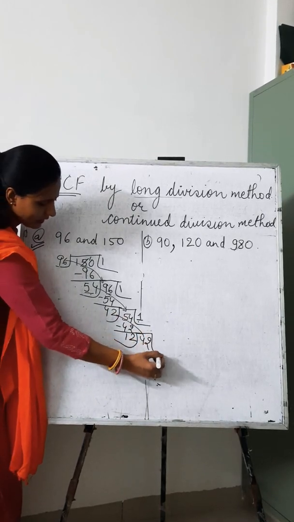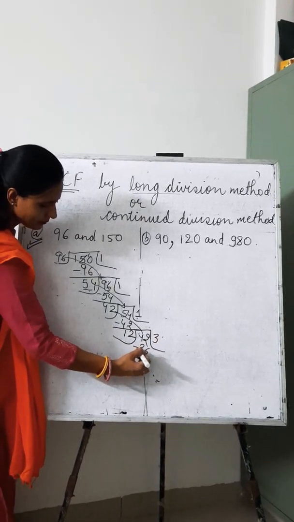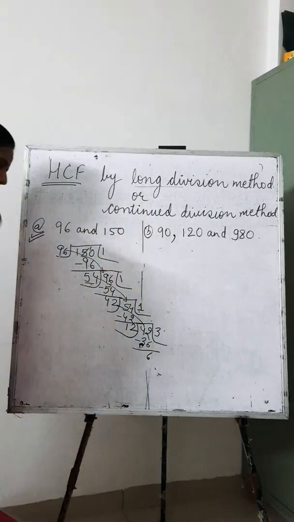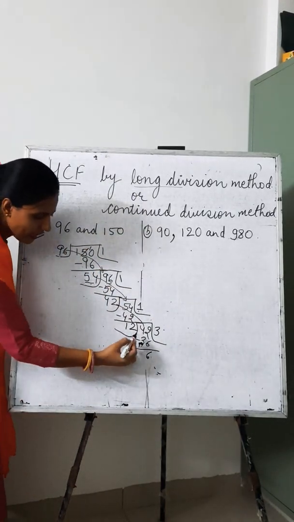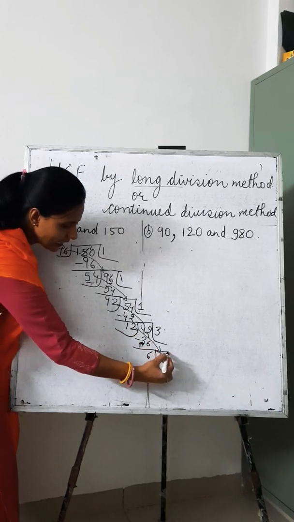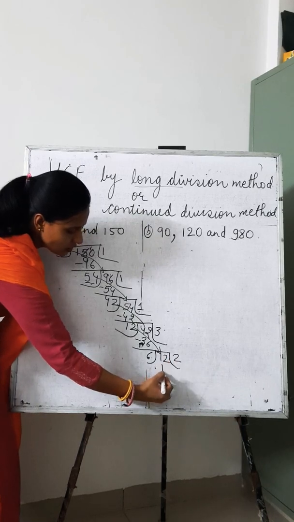And now you will get here 12 3s are 36. Subtract it, you're going to get 6 over here. Fine. So 6 is smaller than this 12. That's why 12 will get inside, and you're going to get 6 2s are 12.